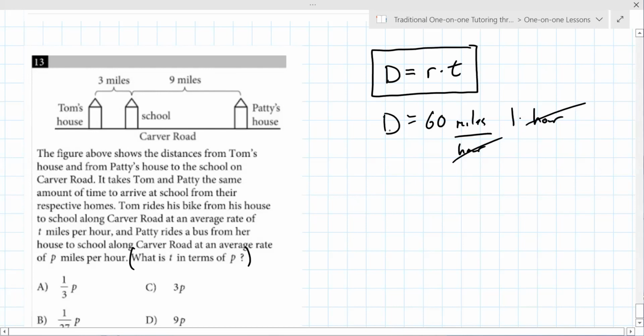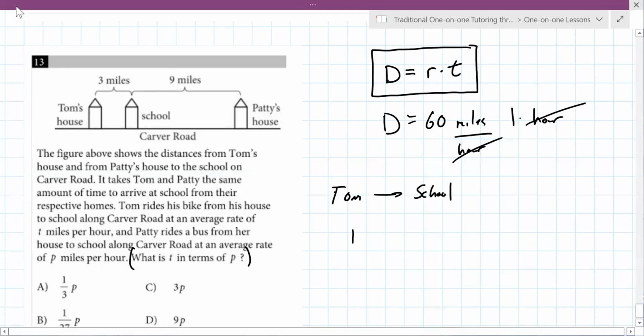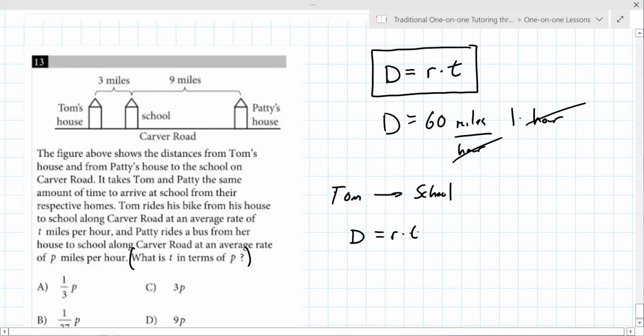So you get on the interstate and you wonder how long it'll take, and you've sort of figured this out. So there's a lot going on in this problem, and I didn't realize this one was this complicated when I grabbed it, but there's two distance equals rate times time going on here. There's Tom to the school. So for Tom to the school, his distance is 3 miles, but we can write the formula.